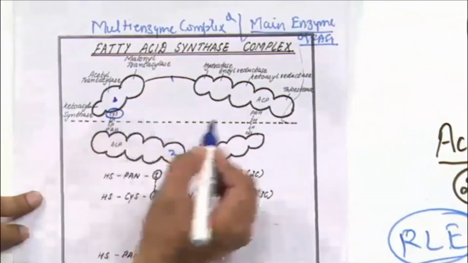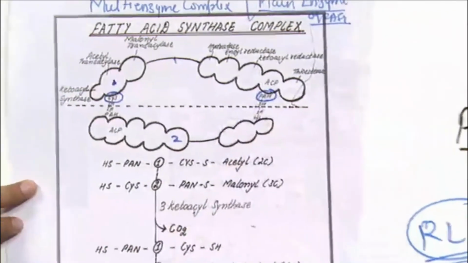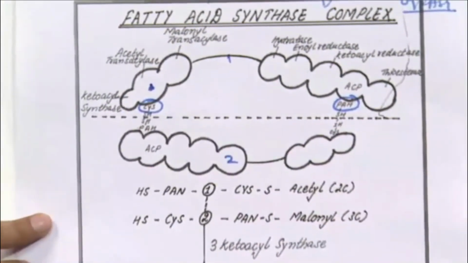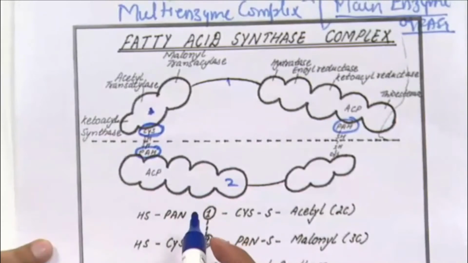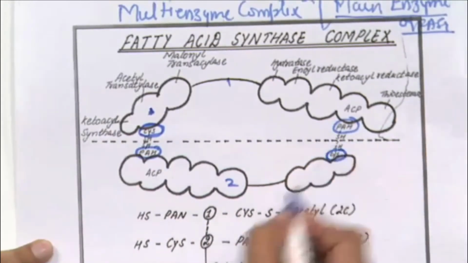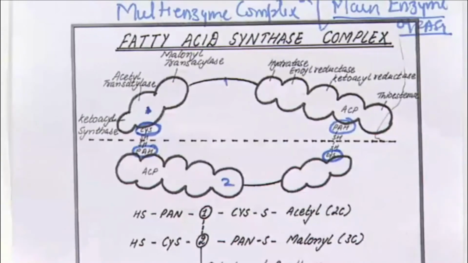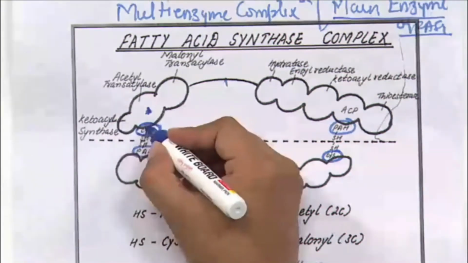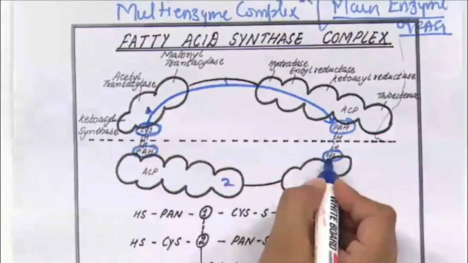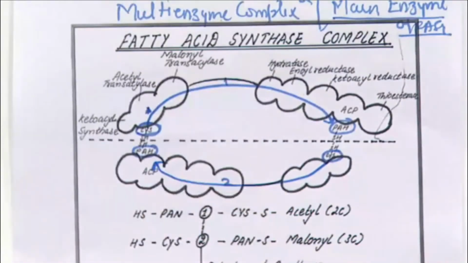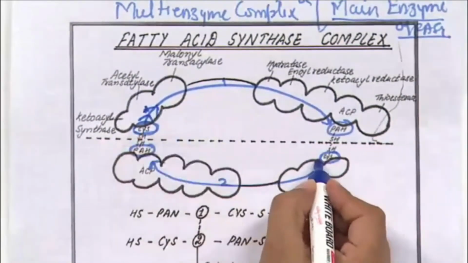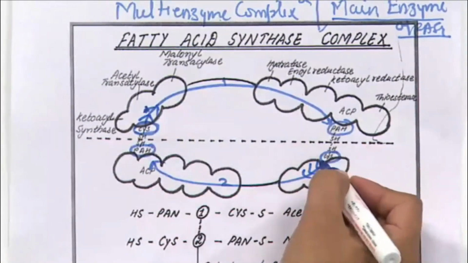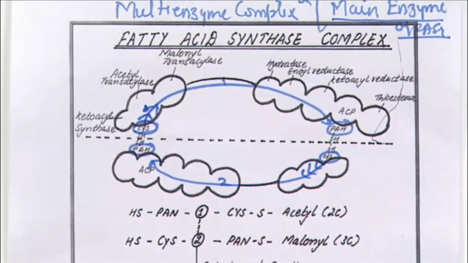One end is cysteine, another end is pantetheine. We found that the cysteine end of one unit is against the pantetheine end of another, and the pantetheine end of this unit is against the cysteine end of this. Or you can say the two units are arranged in head to tail fashion, meaning the head of one is against the tail of another.